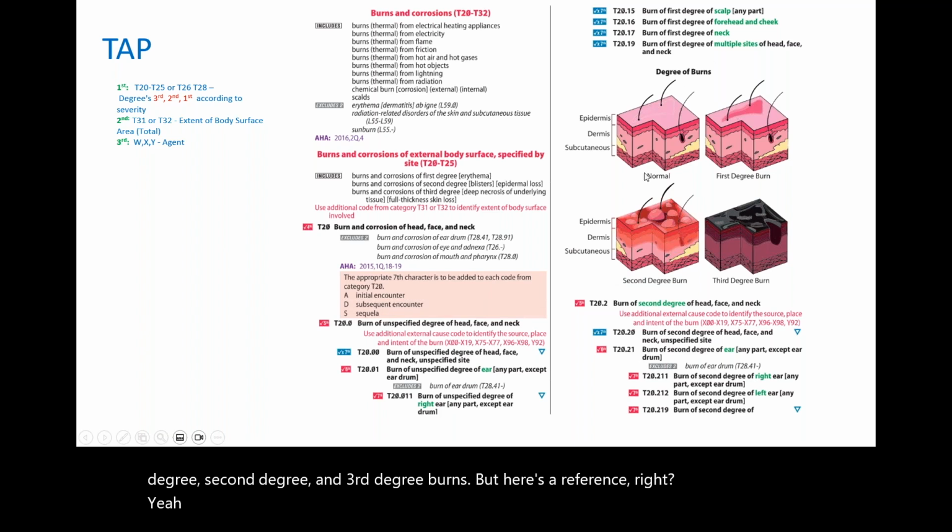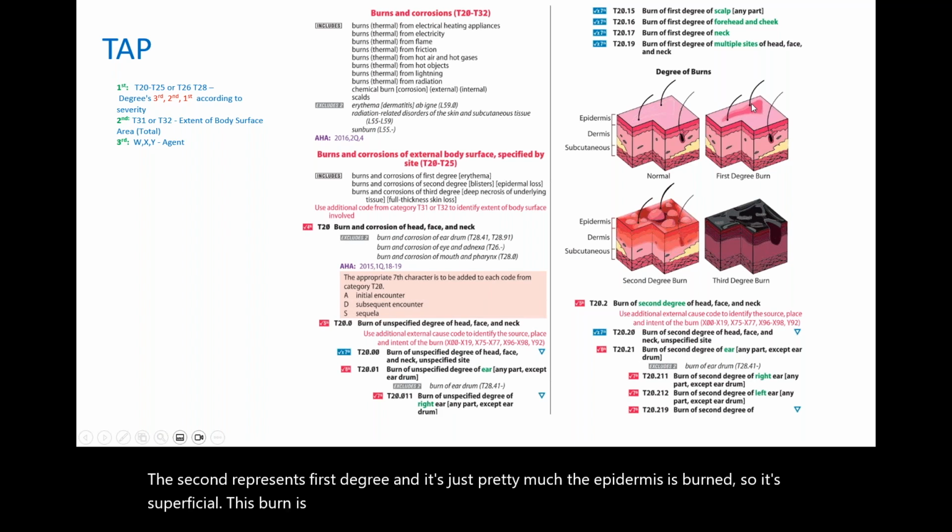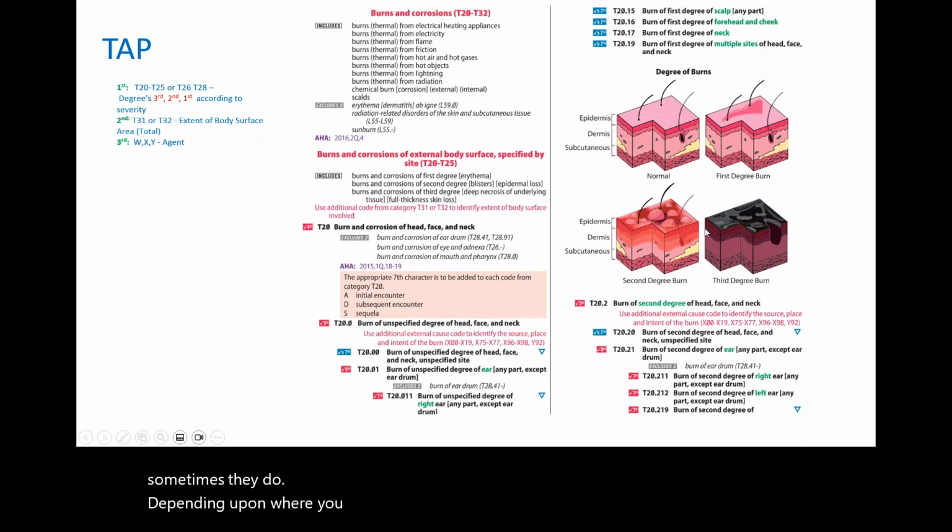So the first image is normal skin. The second represents first degree, and it's pretty much just the epidermis that is burned. So it's superficial. This burn often doesn't need emergent treatment, but sometimes it does, depending upon where you get burned.